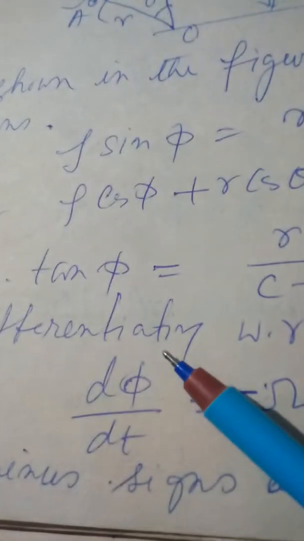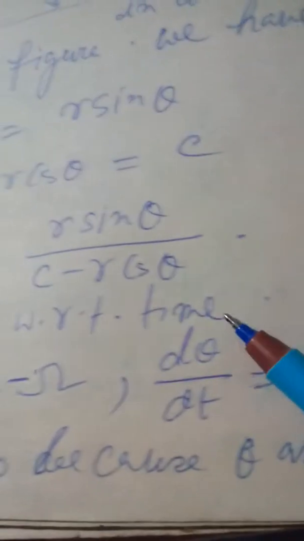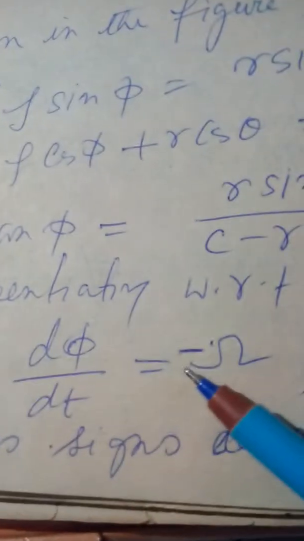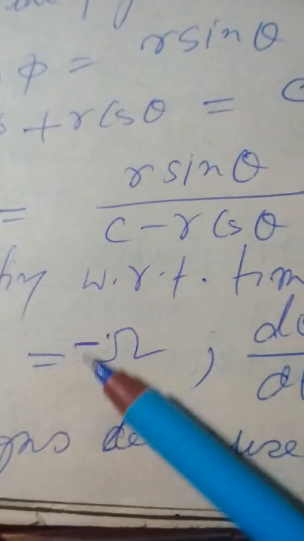Differentiating with respect to time, d phi by dt is equal to minus omega, and d theta by dt is equal to minus omega in this sign. With respect to phi, this is this, and with respect to theta, this is this.